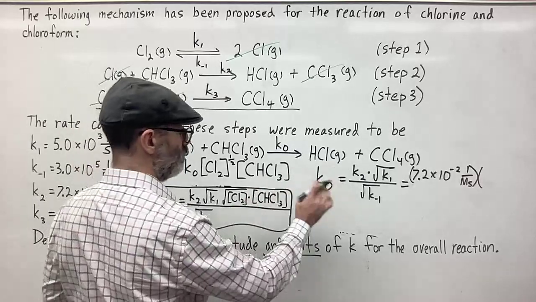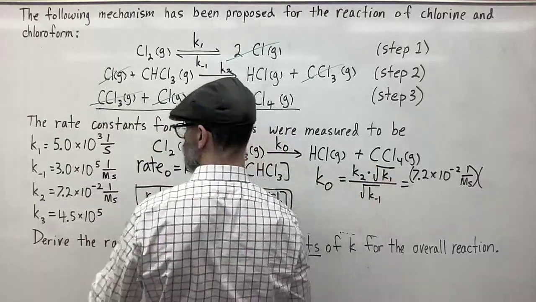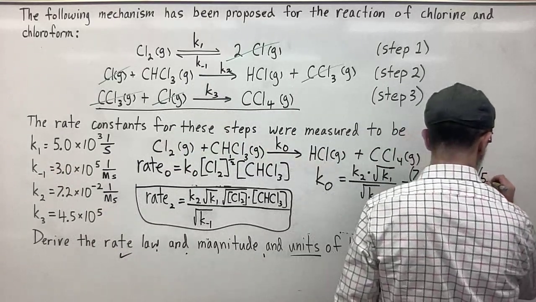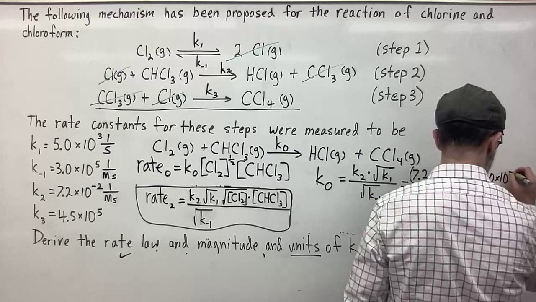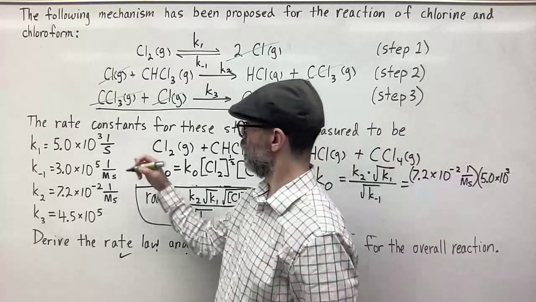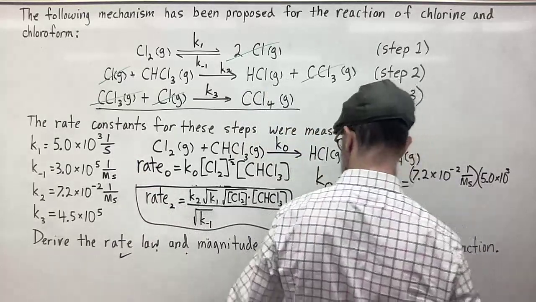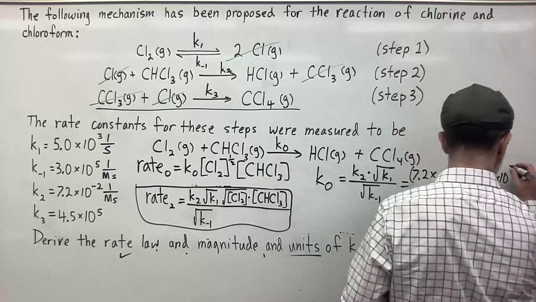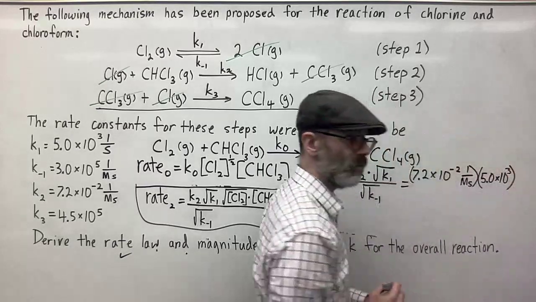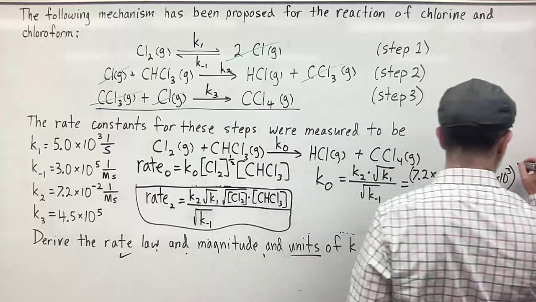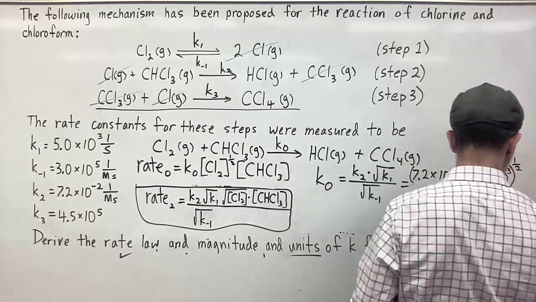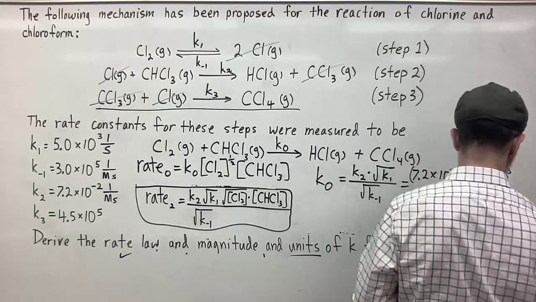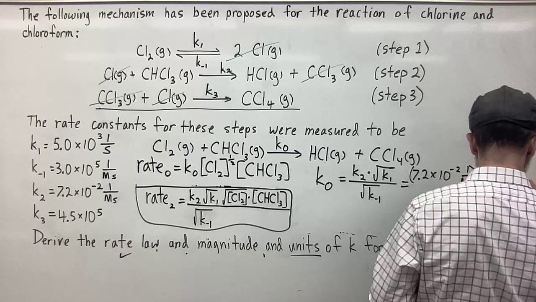That's going to be multiplied by the square root of K1. K1 is 5.0 times 10 to the third, and it's going to be 1 over seconds. Oops, I forgot my 1 over seconds.